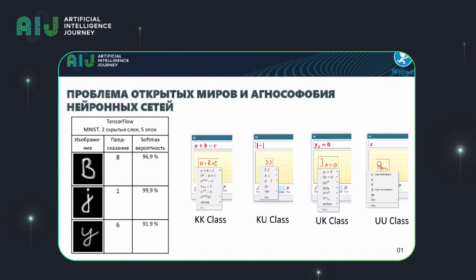We have two known classes, KK class, KU class, and UK class and UU class. So everyone who has been taking the effects into account can give a go and study these four classes and see how it is showing agnostophobia.